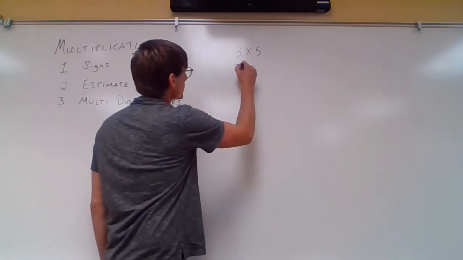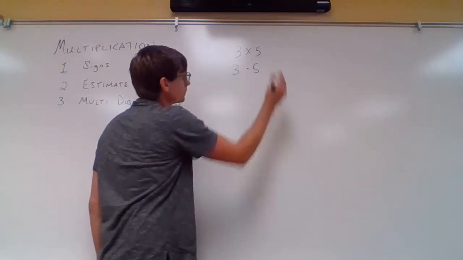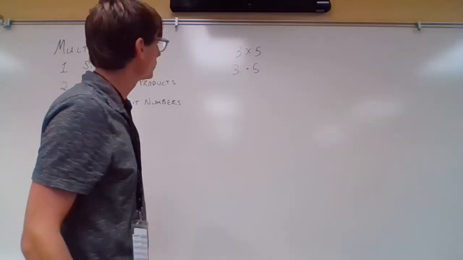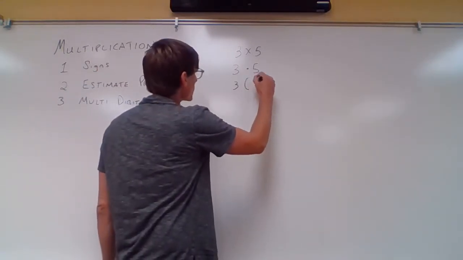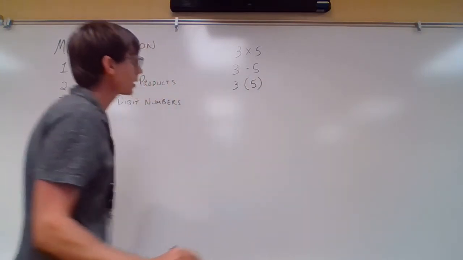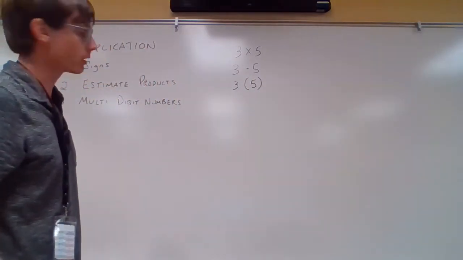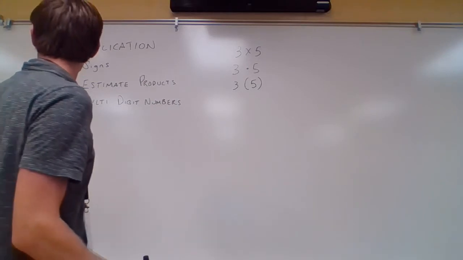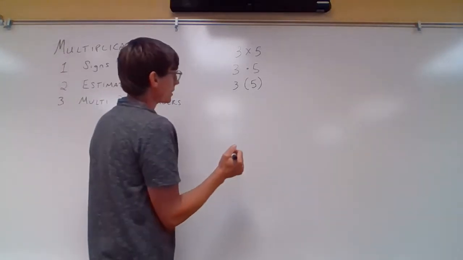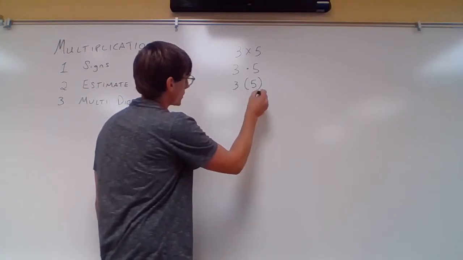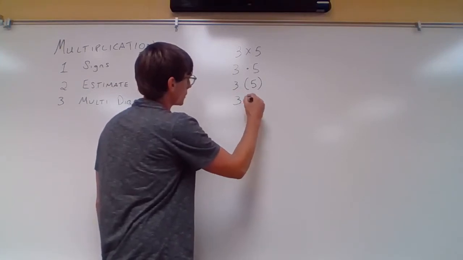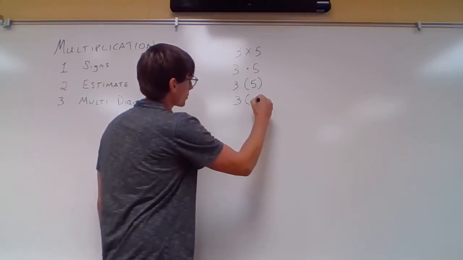Other symbols you may see is just a dot. Okay, means the same thing, right? Or parentheses. Okay, there's another way to write it. Additionally, when we are doing things like variables later on, instead of 5, if we want to say a, you could say it like this: 3 times a.